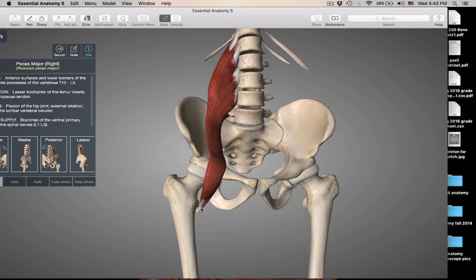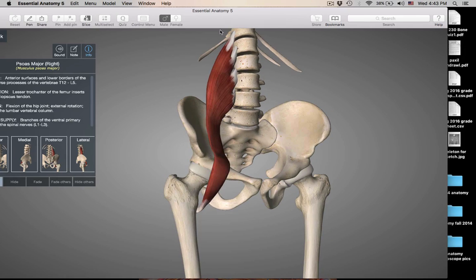Here's the hip joint, I to O. It is going to be doing flexion of the thigh, I to O. So that is the psoas major. You have a right and a left. I am just showing you one of them here.